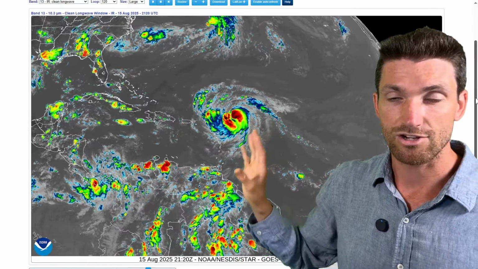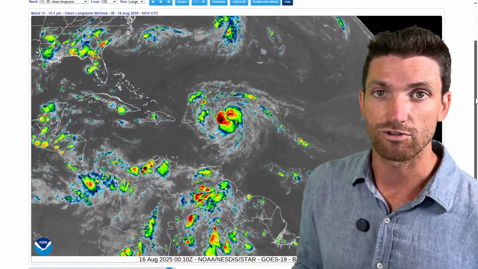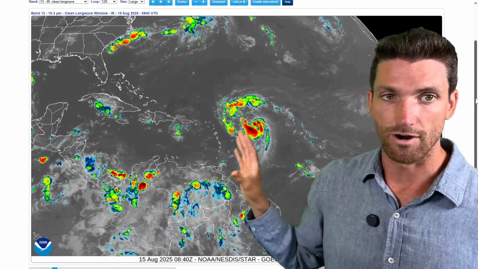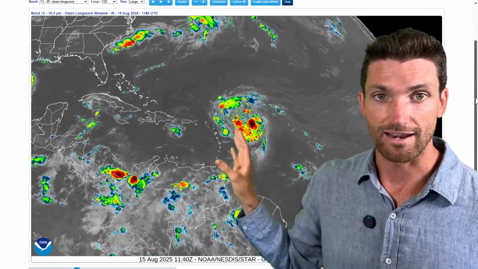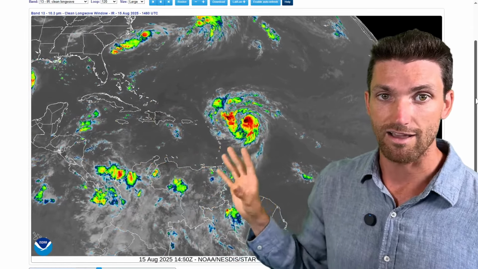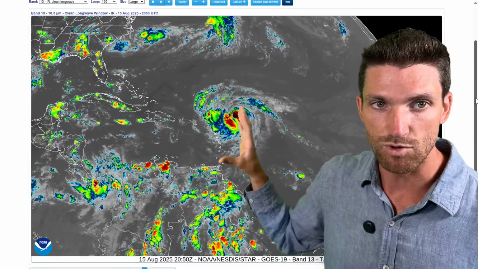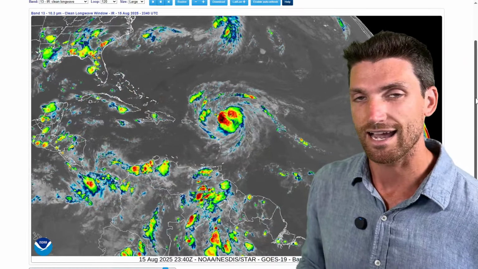But there is a connection between hurricanes and just in general cyclones and earthquakes. So there are some faults in this area that are very, very powerful and can have big, big earthquakes. And so anytime you get a big system moving through the Caribbean, you have to kind of keep that in mind.